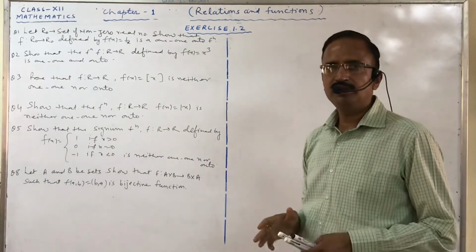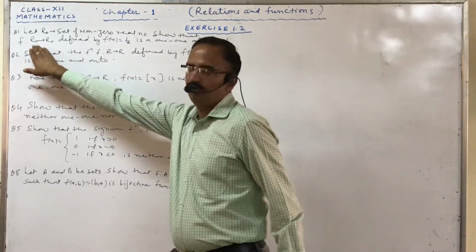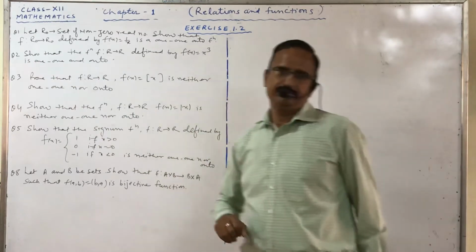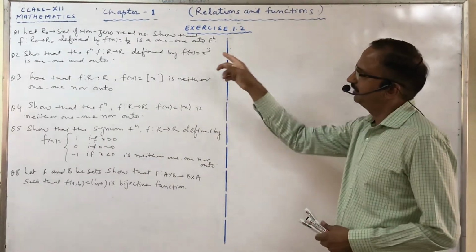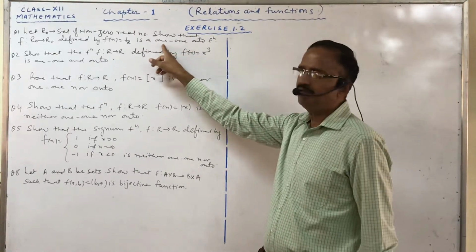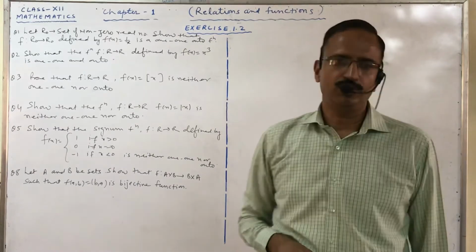So we have to consider only non-zero real numbers for domain and codomain. In this way, first of all, we will prove that the function is one-one, then we will prove onto. Then it is one-one onto.